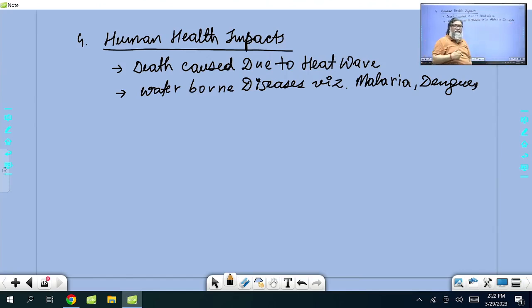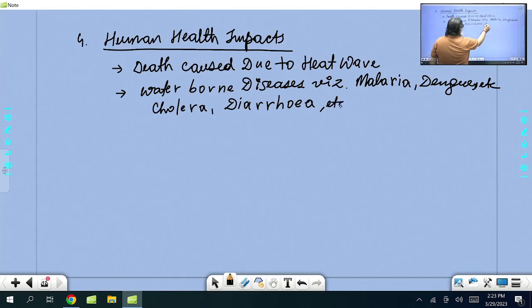Mosquitoes breed on water. When there is flooding, all these kinds of vectors, mosquitoes will grow, and that will spread disease to humans. Not only this, you even know other diseases like cholera, bacterial infection, diarrhea, that will spread. Sometimes you know parasitic disorder, leptospirosis.